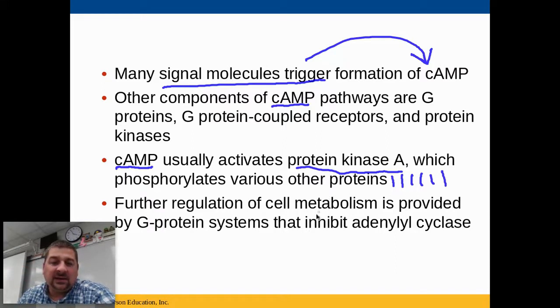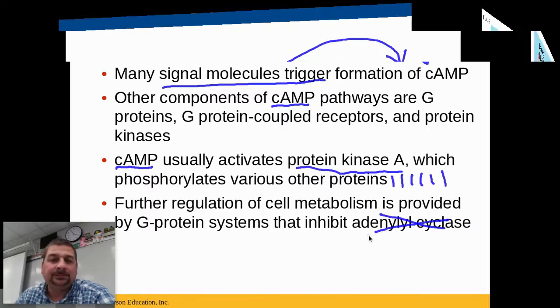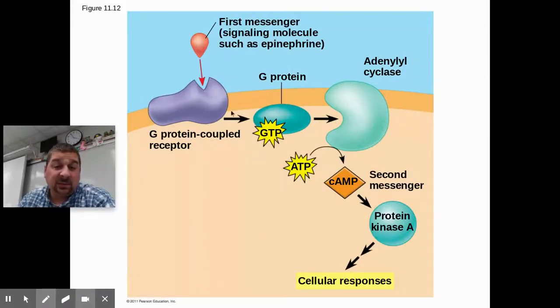Further regulation of cell metabolism is provided by G protein systems that will go back and inhibit the adenylyl cyclase so that it will stop the cyclic AMP from working. So this is just a brief overview.